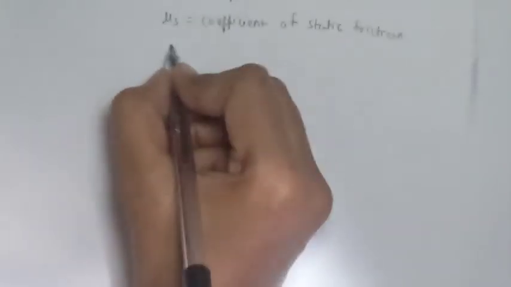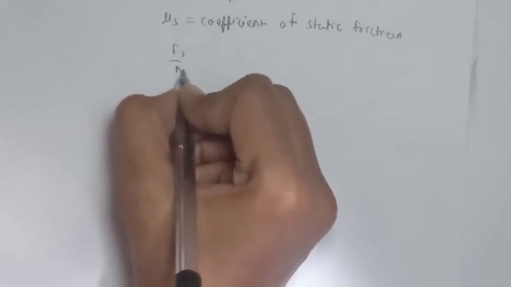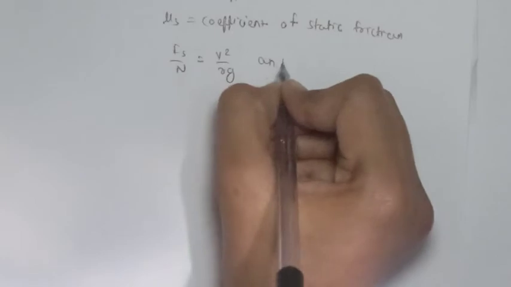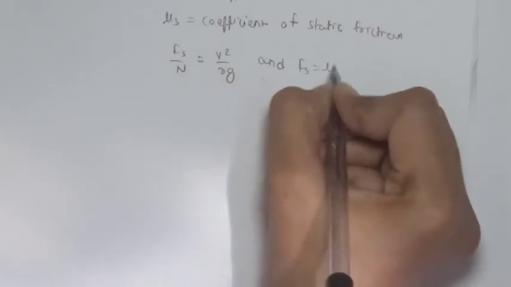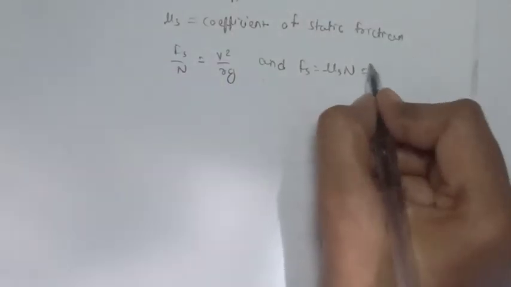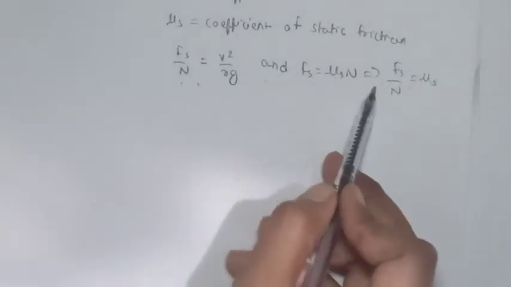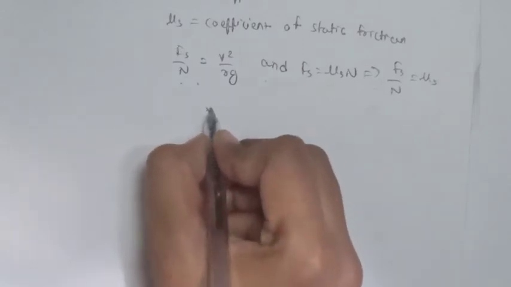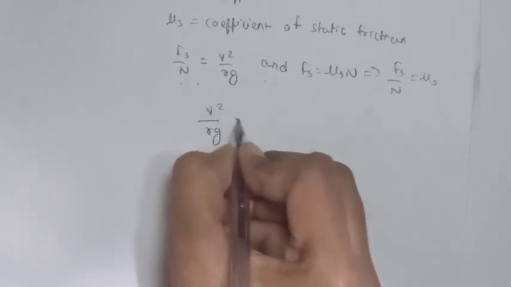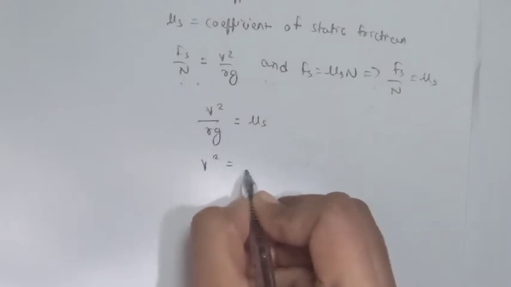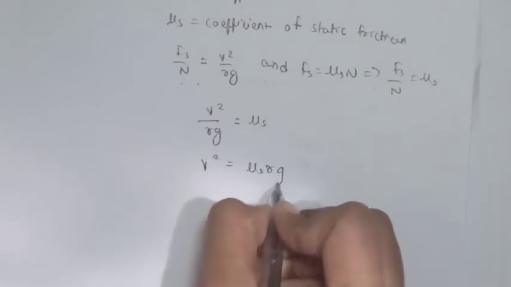So you have one relation, Fs by N equals v square by rg, and Fs equals mu s into N. So from this equation you will get Fs by N equals mu s. When you compare these two equations, you will get v square by rg equals mu s, or v square equals mu s rg.